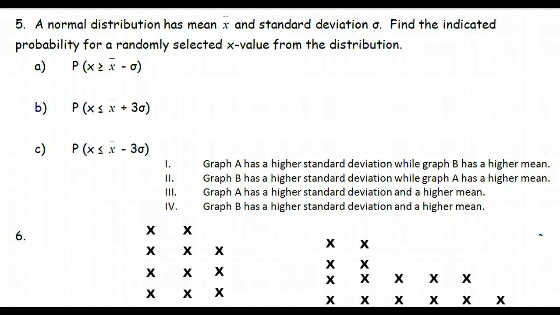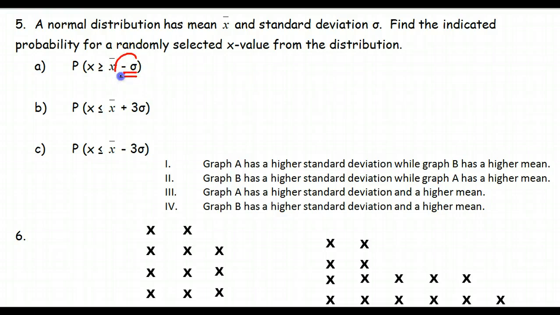All right. We're getting towards the end here. A normal distribution has a mean of x bar and a standard deviation of sigma. Those are our usual symbols that we always use. Find the indicated probability. Okay, so greater than or equal to, and I'll focus on the -1 standard deviation part. x bar, that just means we're 1 standard deviation less than the mean.